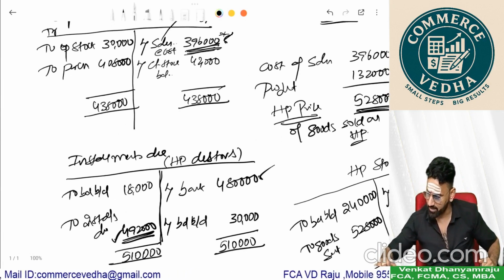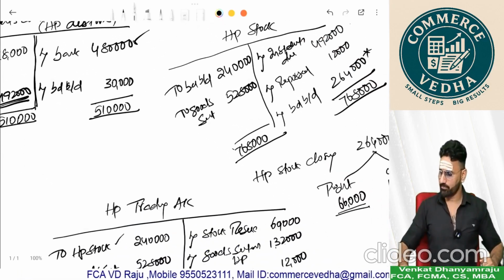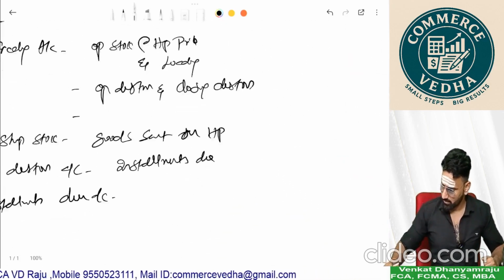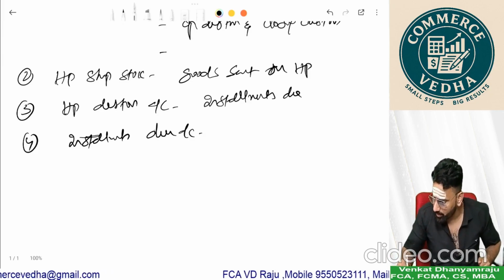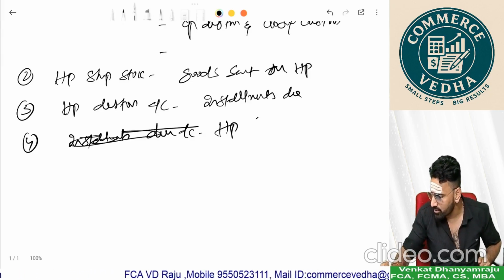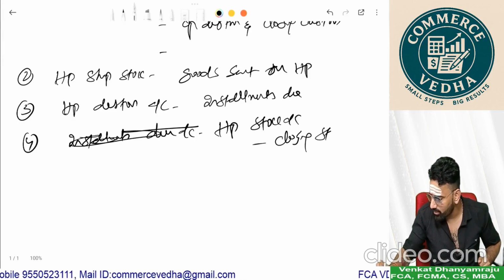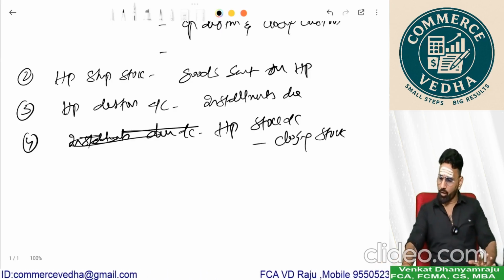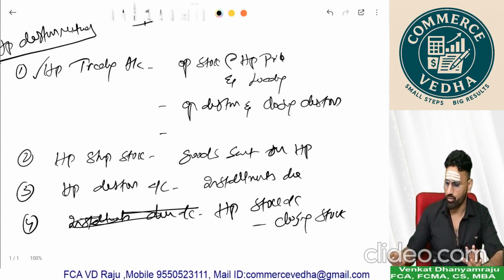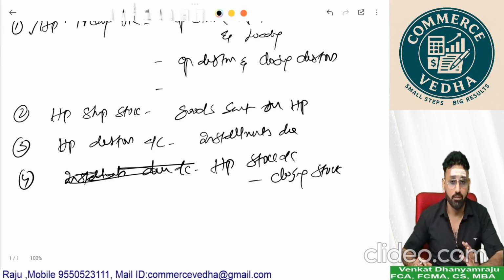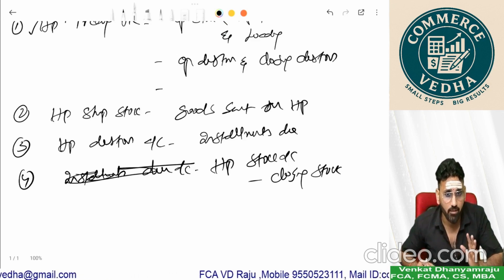This is your hire purchase debtors account, hire purchase stock account. This is nothing but installments due, both are same. And you also need to prepare the hire purchase stock account to know the loading stock. Once you prepare all these balancing things, then you can go here and copy each and every item so that you will get the final answer. This is the very first method, the hire purchase debtors account method.